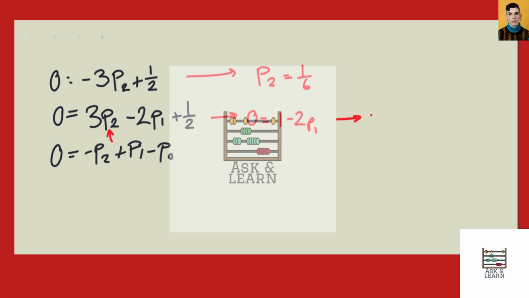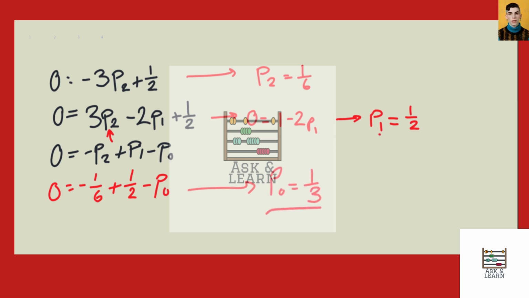And so that means that p1 is equal to 1/2. And if we put 1/6 in for p2 and the 1/2 in for p1, then we can solve for p0, and we get that p0 is equal to 1/3.